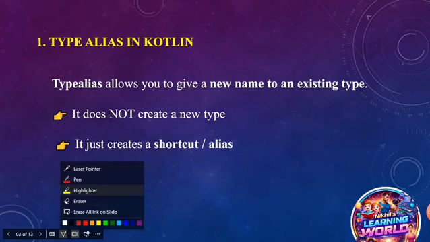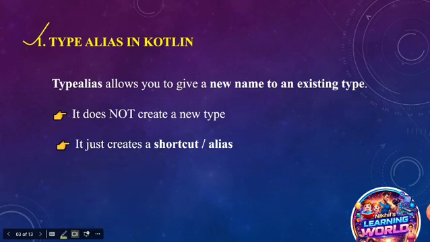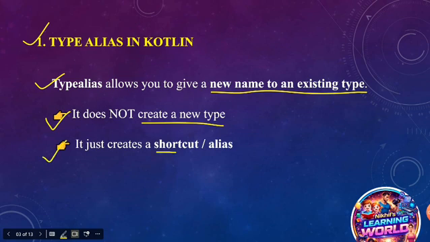We will learn what type alias is and why it's useful, how to simplify complex function types, what destructuring declarations are, and how to use destructuring with data classes, pair and map, with real world examples as well for a better understanding.